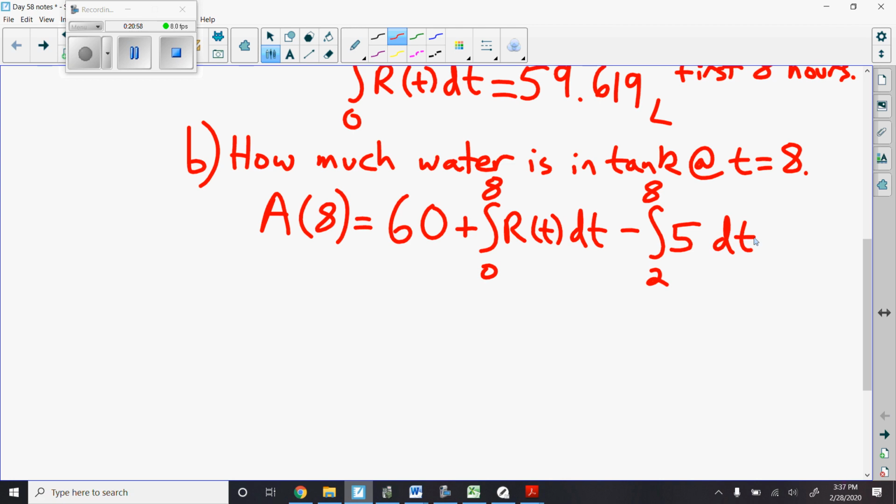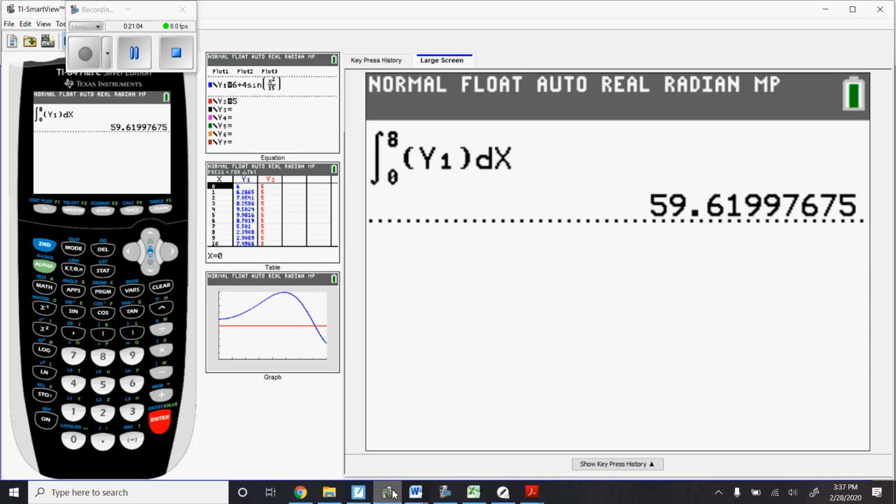So again, when we go to our calculator, we can just type that in. We'll do 60 plus integral rate in from 0 to 8. And again, I don't have to type out that thing again.